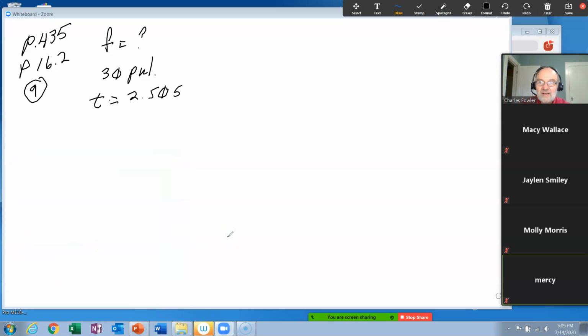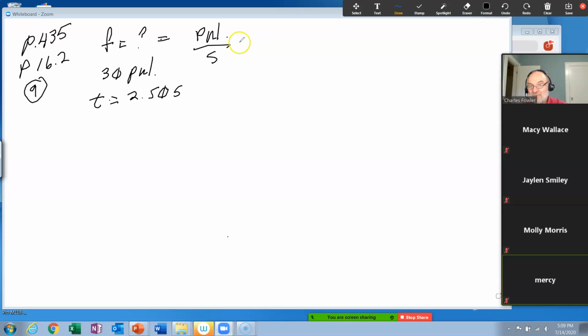Now, don't look for this to be too complicated. It's just saying if you have 30 pulses in 2.5 seconds, what's the frequency? Well, I've been calling it cycles per second, but that could also be called pulses per second.